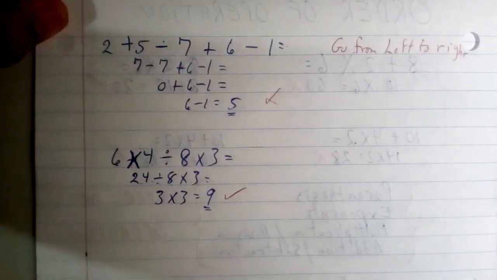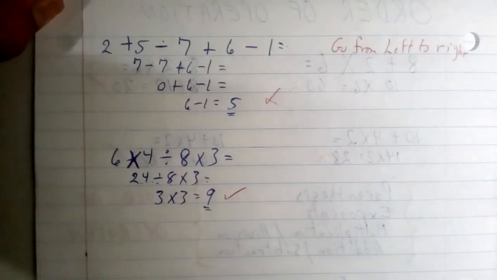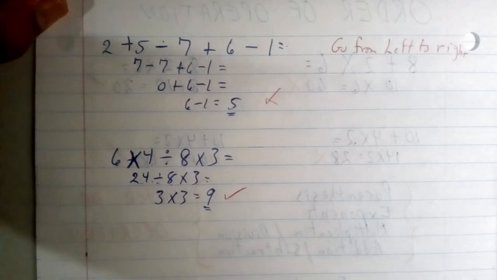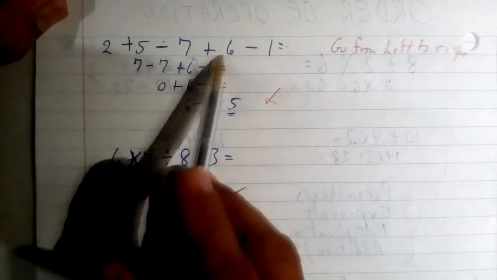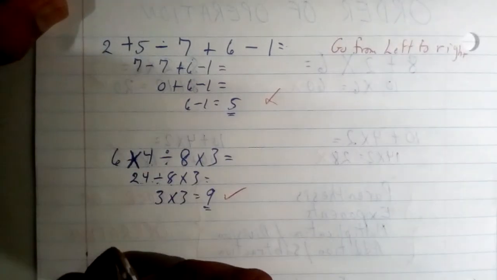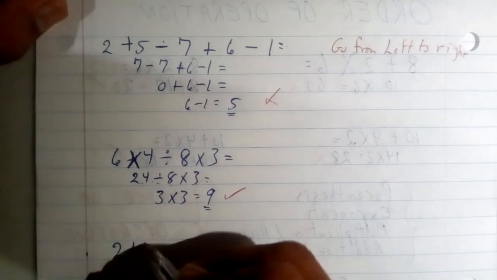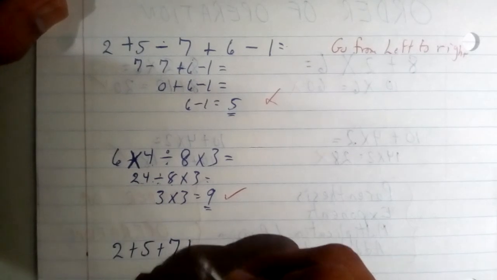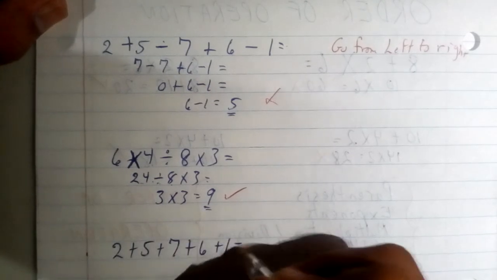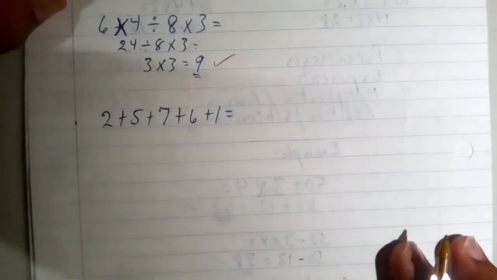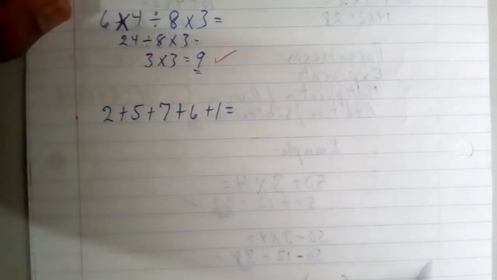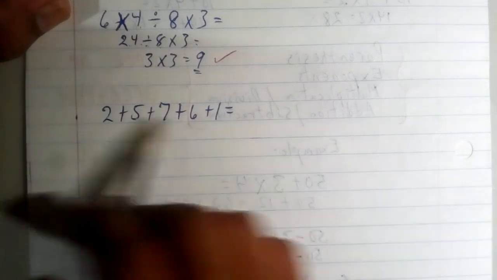Now let's take this same problem and see what happens if we had the same operation at the same level. So we're going to work with this one here at the top. Consider that we had 2 plus 5 plus 7 plus 6 plus 1. What is the solution? Well, does it make a difference which one you add first? No, because all of them have the same operation.